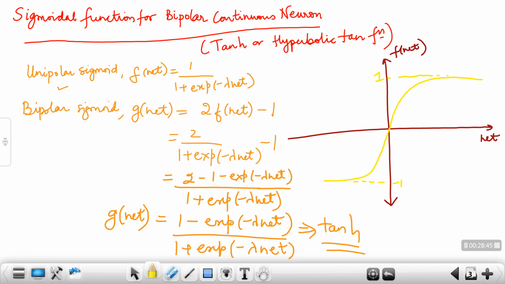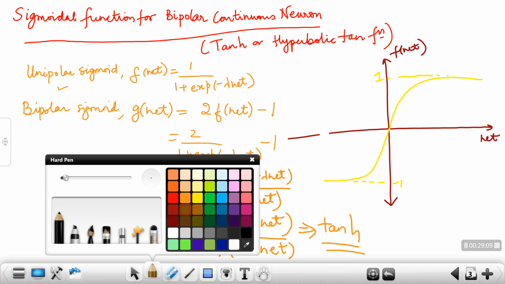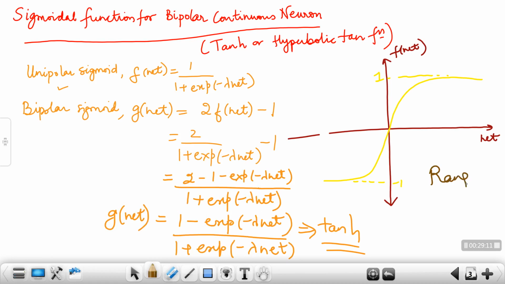So this is the shape of the function. It is a bipolar continuous function because it is there on top as well as below. So it is a bipolar continuous activation function. It is continuous, and it is differentiable also. Now, what is the range? The range lies between -1 and +1.